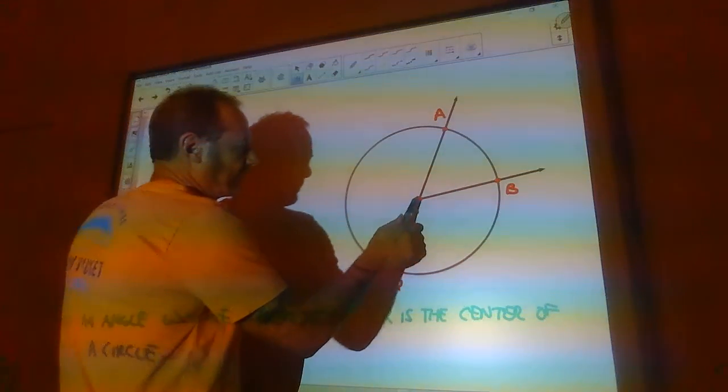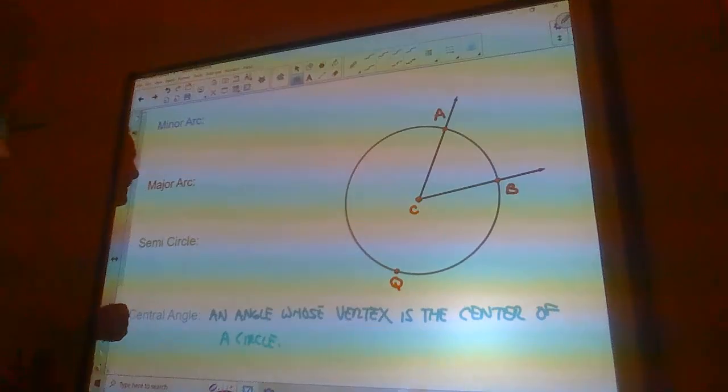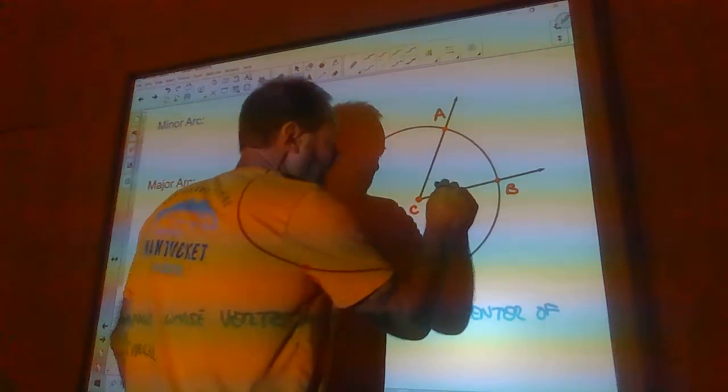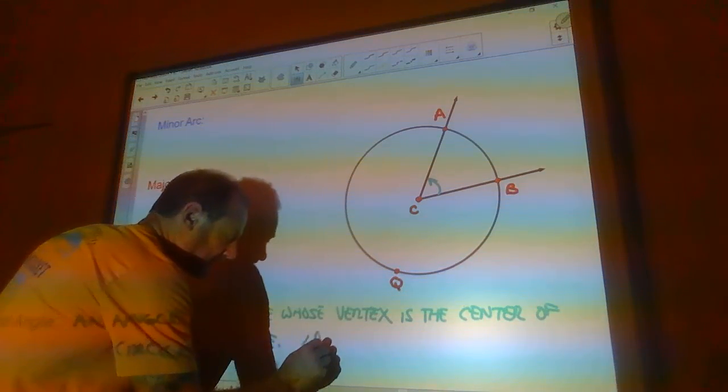Okay, so here's the center of the circle. That's also the vertex of the angle. Okay, so this is a central angle right here. In this case, that would be angle ACB.